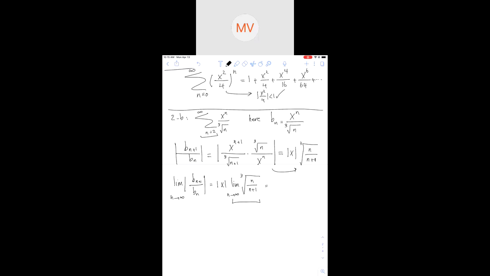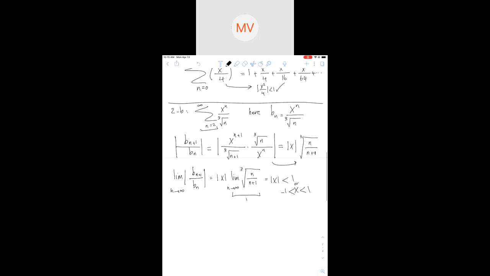What's the limit of n over n plus 1 as n approaches infinity? It's 1. Now what's cube root of 1? It's 1 again. So that's 1 times the absolute value of x, which is the absolute value of x. Now this has to be strictly less than 1. That means x should be between negative 1 and 1. So the interval we have is negative 1 to 1.